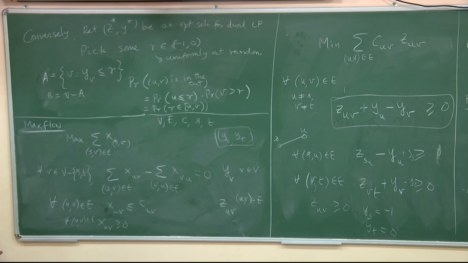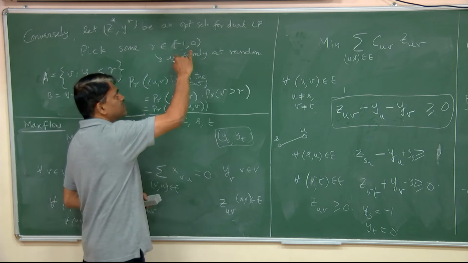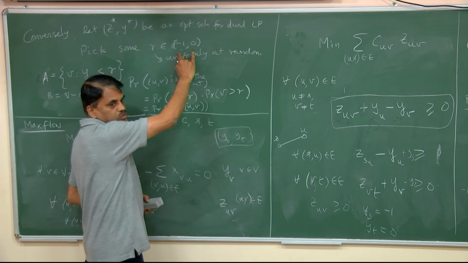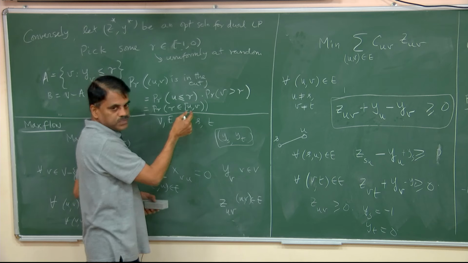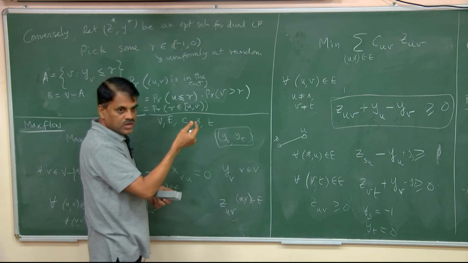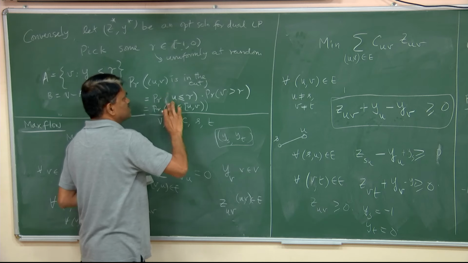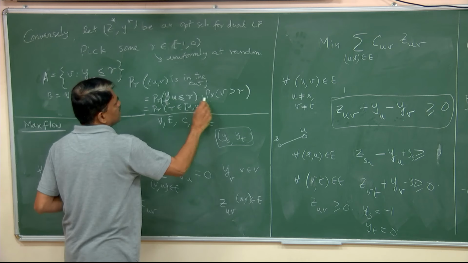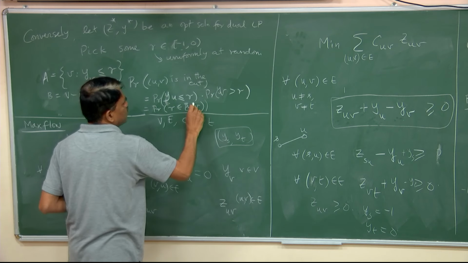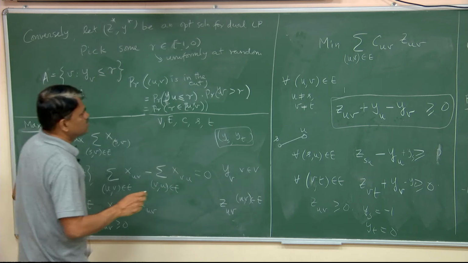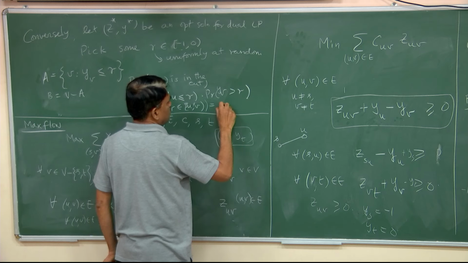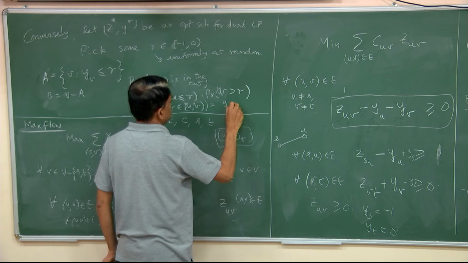Okay, what is this probability? That I'm picking a random value in the range -1 to 0. What is the probability that it is actually sitting in this range? So the length of this interval is 1, right? -1 to 0. So it is proportional to the length of this interval. Sorry, yU is less than or equal to yV. So this is yU, yV. Right? That's the definition. So this is equal to yV minus yU.